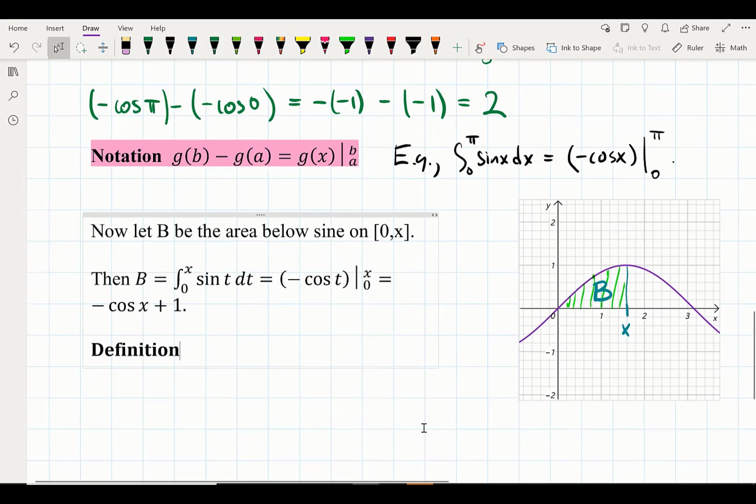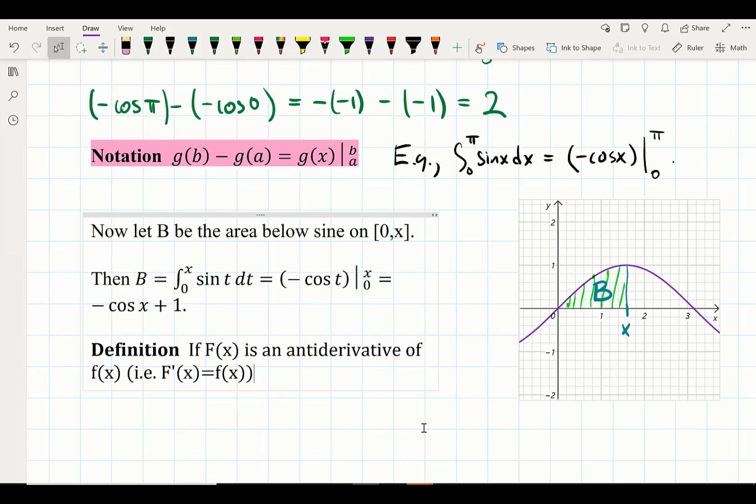So here's the new definition. If capital F of x is an antiderivative of little f of x, i.e., capital F prime of x is equal to little f of x, then we're going to write what looks like an integral sign, except I'm not going to put any limits on it.